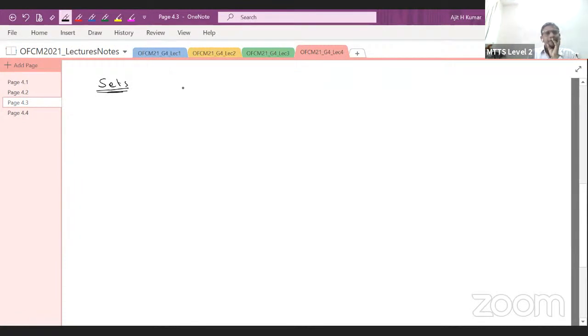First, this will be the notation for the empty set, the set having no element. Can you tell me some property that you know about the empty set?